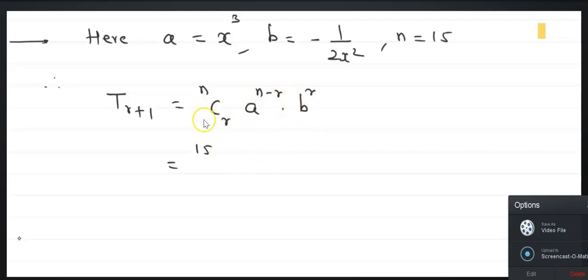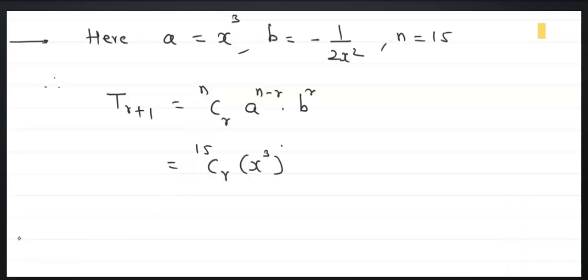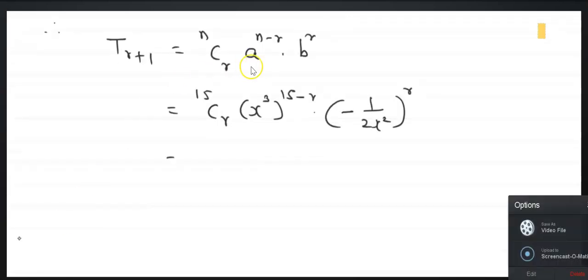The value of n is 15Cr. We have substituted the value of a is equals to x cube, (x cube) raised to 15 minus r into (minus 1 upon 2x square) bracket raised to r.